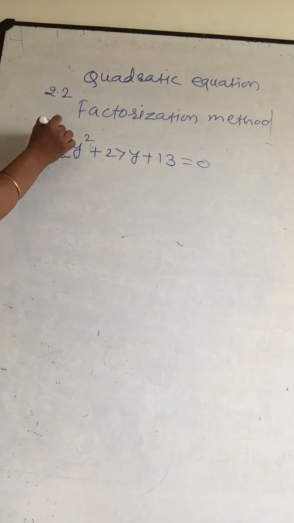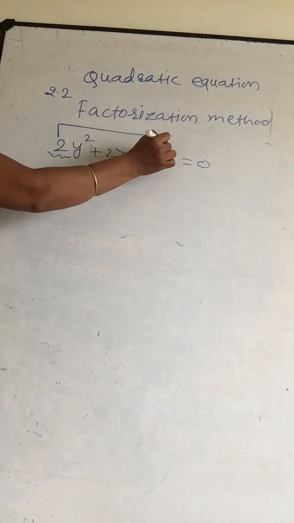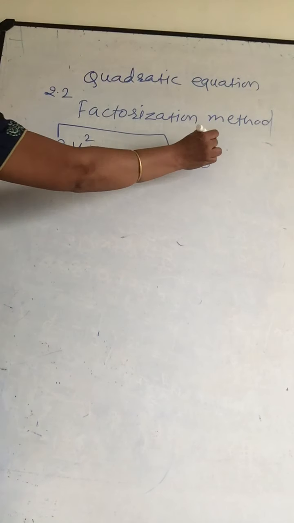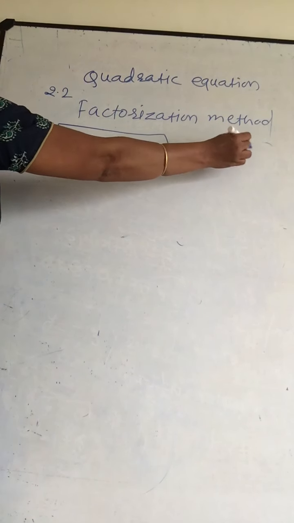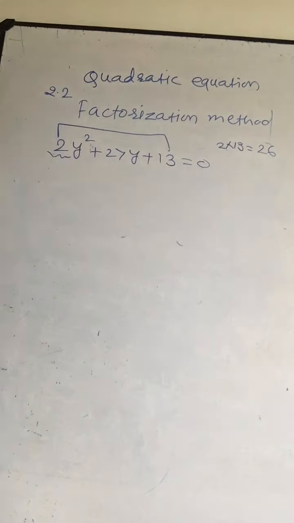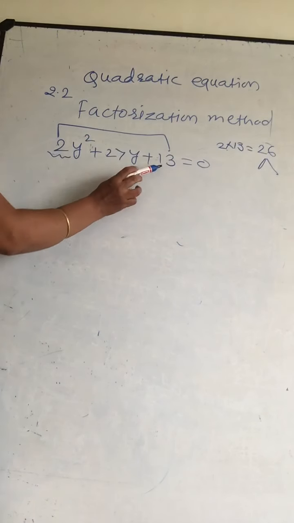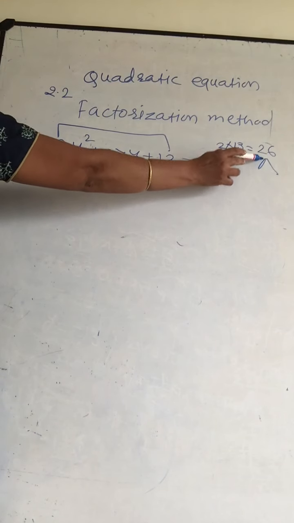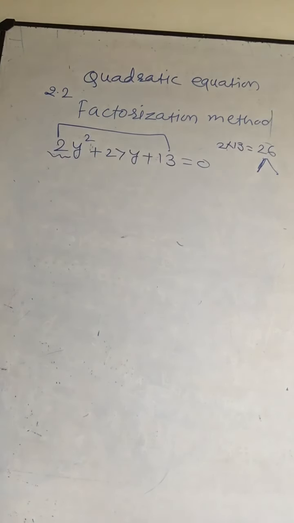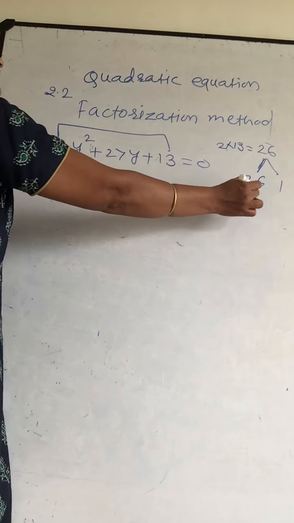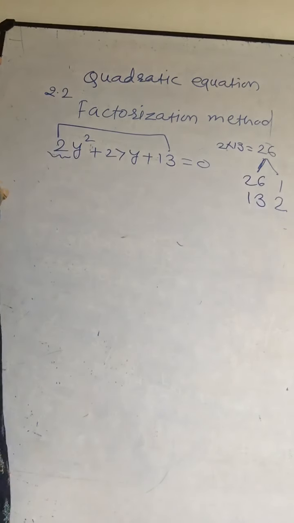So we have to take the multiplication of this coefficient and the last term, that is 2 into 13, which is 26. So we have to factorize this 26, not the 13. Now what will be the factors of 26? 26 ones are 26, then 13 twos are 26.